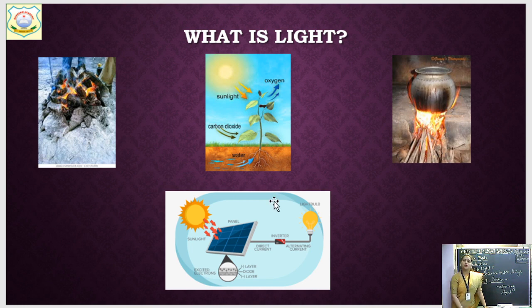So what are all these lights doing so that the further process is going on? What is this light giving? This light is giving us energy. Light is giving us energy. So what is light?